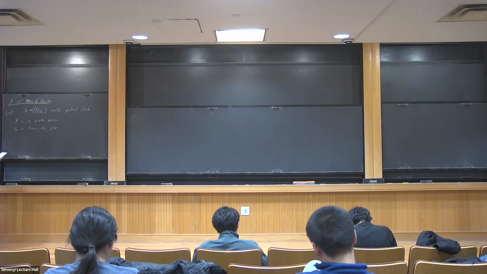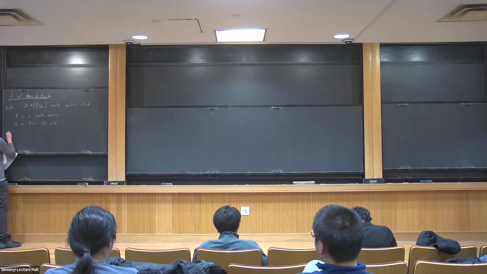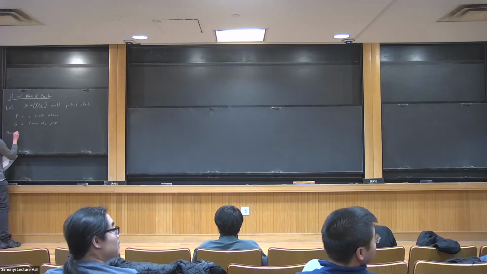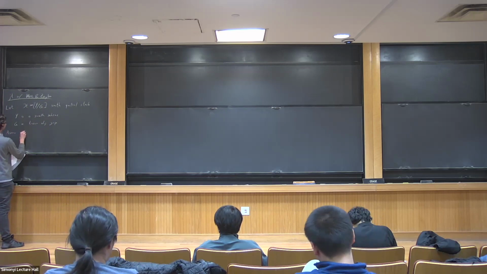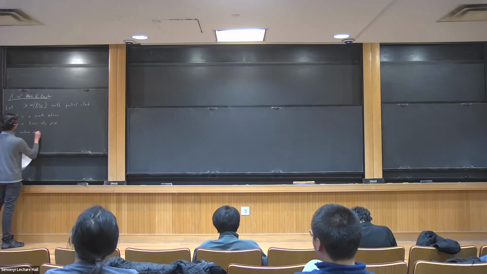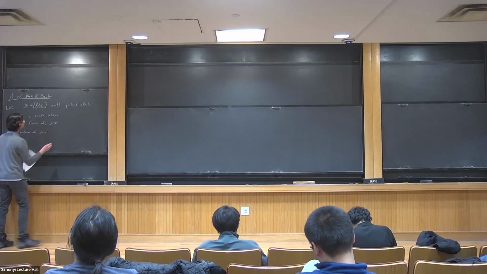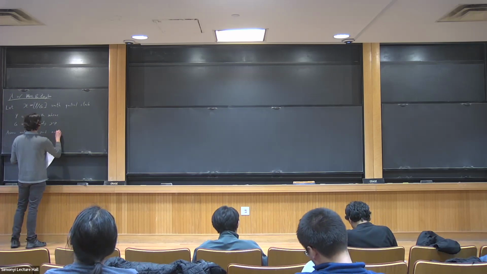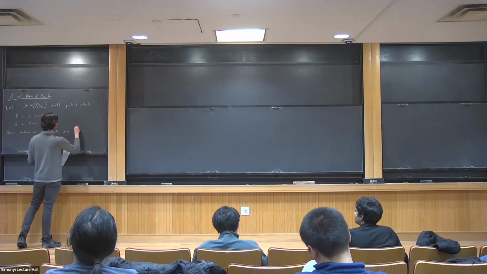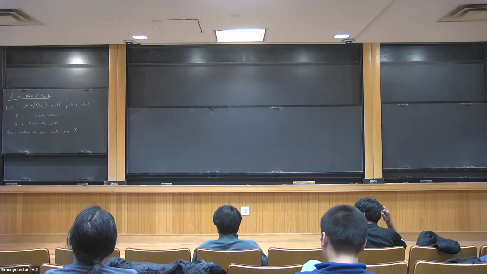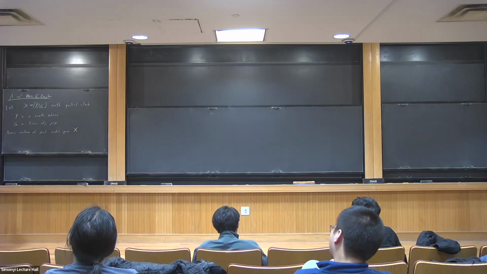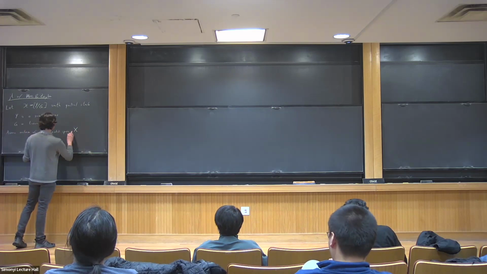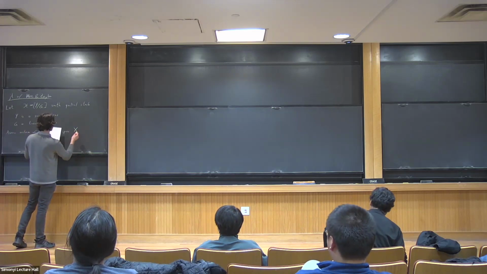And I'm also going to assume that there's a good moduli space, which I'm going to call X. The calligraphic letters will be reserved for stacks, and the usual letters will be reserved for the spaces, or the moduli space in particular.